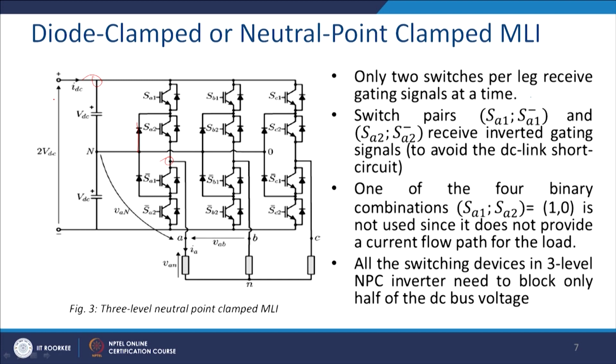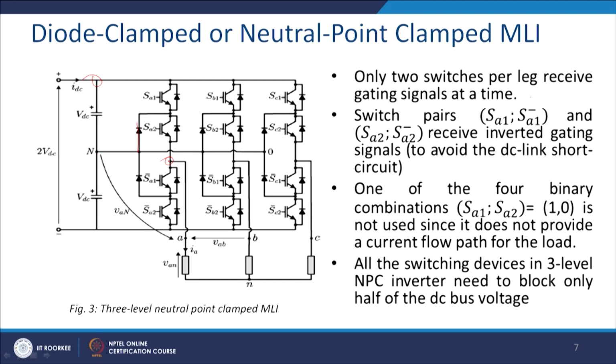Once you connect this point, as you understand, S1 and S2 both are required to be shorted, so both will be on. Once they are on, you get the voltage of 2 VDC, because we have considered this voltage to be VDC and this voltage to be VDC. So, at this point you are getting 2 VDC, fair enough.